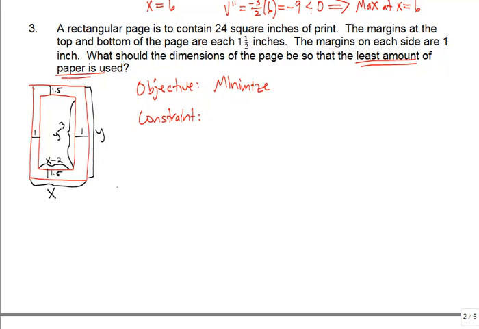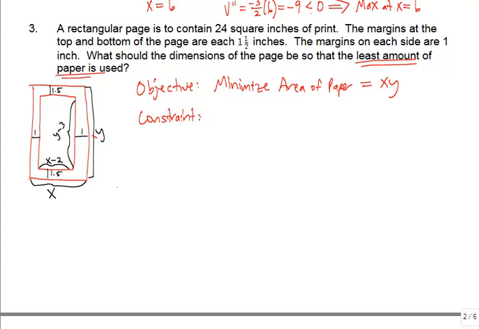We want the least amount of this big sheet of paper, which is its area. So we want to minimize the area of the paper. And that paper, the big rectangle, has as its area this x times this y. So the objective equation is just x times y.